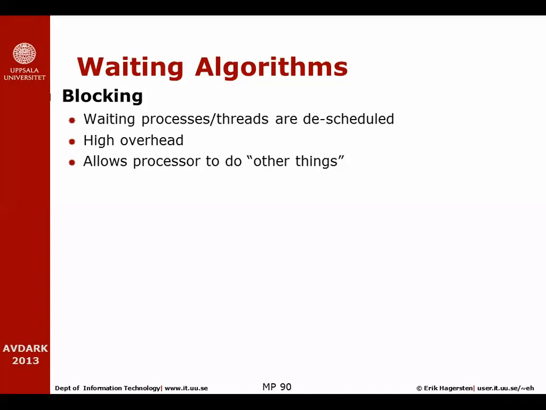If you would like exclusive access to a printer connected to the network and can't get hold of it, then you block, which means the process will go to sleep, and the operating system will wake it up either when the printer is available or after some time so it can go back and see if the printer is available. This is typically used if you're waiting for something that is expected to take a long time before it frees up.